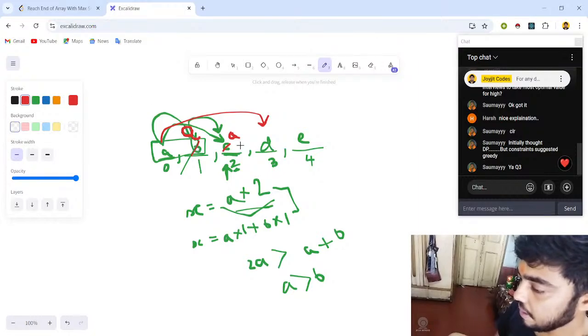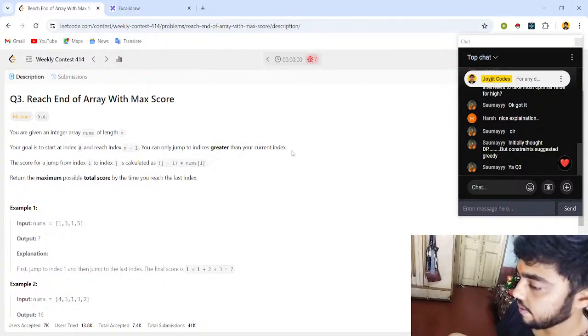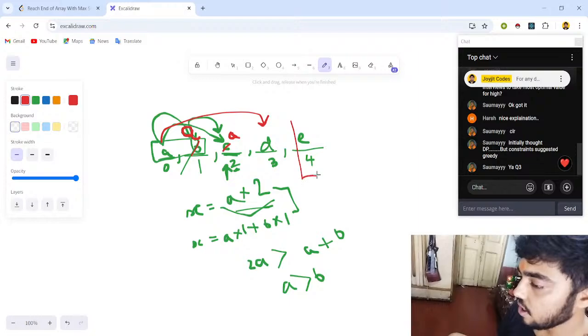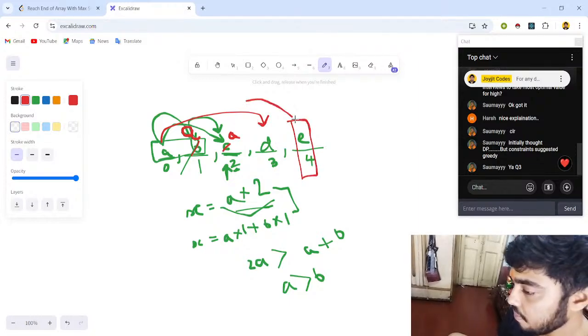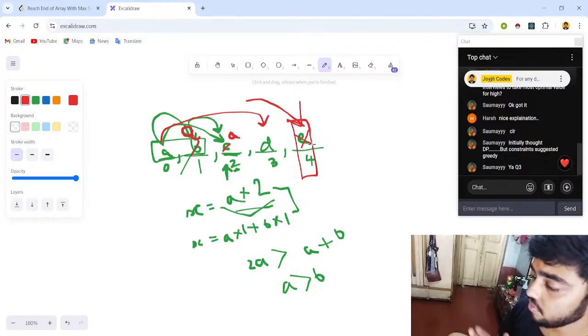So if you're jumping from one element to another, it was given that you can only jump to indices greater than your current index, right? So this is a very good approach. We know one thing: when you come to the last position, you're not going to consider it, because if you have jumped from some position to over here, this position won't be considered. So you can remove this position.